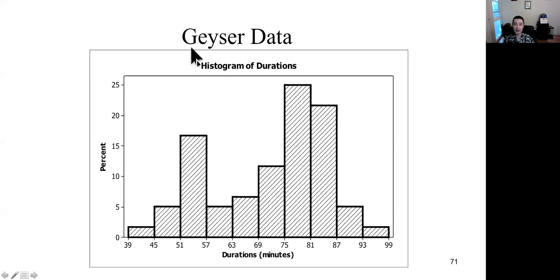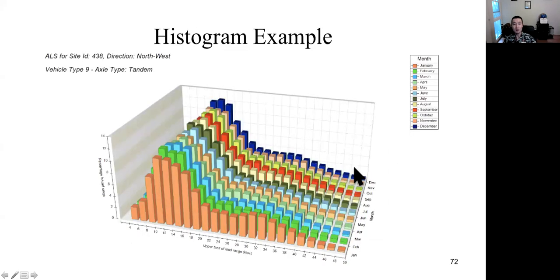Here is the histogram for the dormant period for the Old Faithful geyser data. We can see here we have basically two peaks. One peak here, another peak here. Histograms are used very often in all disciplines.